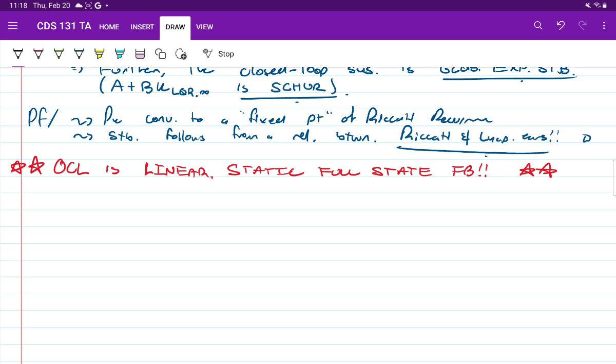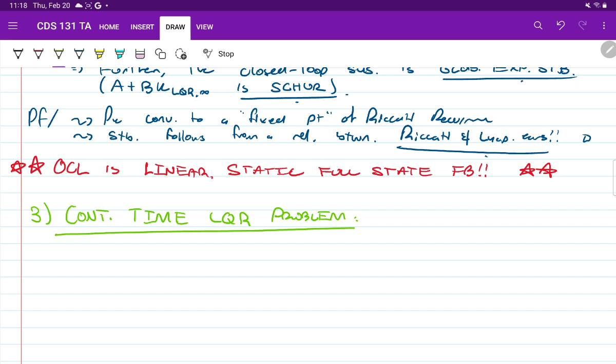So what I want to do just in the last minute is talk super briefly about the continuous time case. So 3, the continuous time LQR problem. And just for the sake of time, I'm just going to give a very high-level overview of the results here.